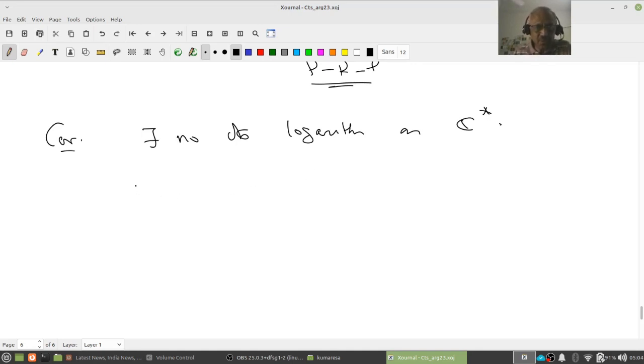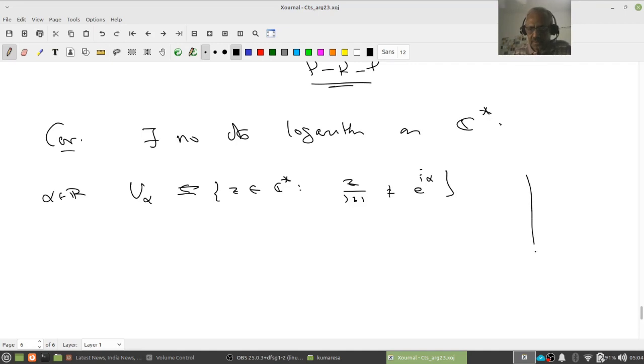Therefore, let's look at our U alpha. Do you remember U alpha? For alpha in R, we define U alpha, which is a subset of C star, equal to z in C star so that z by mod z is not equal to e power i alpha. That means I just take away this line. This is usually called a slit plane, but you slit it across one ray.